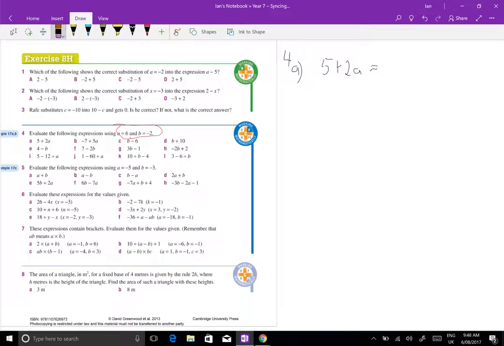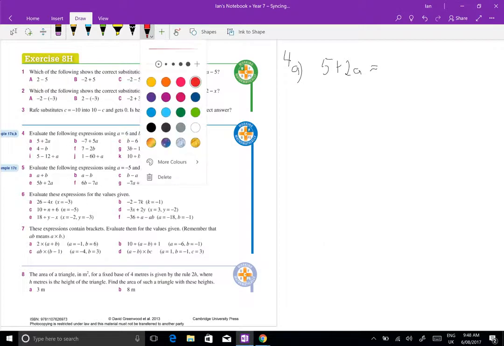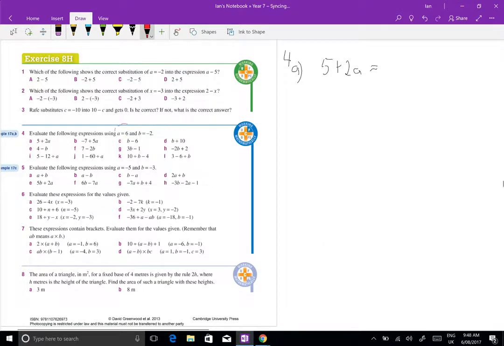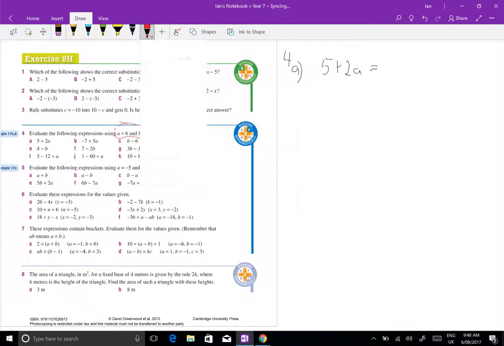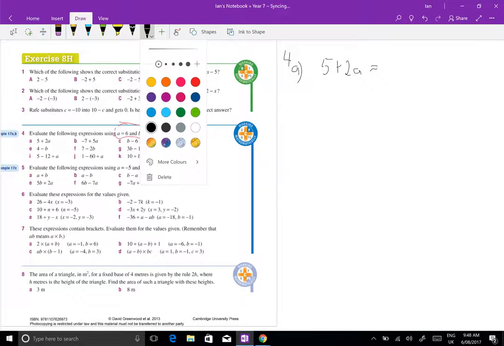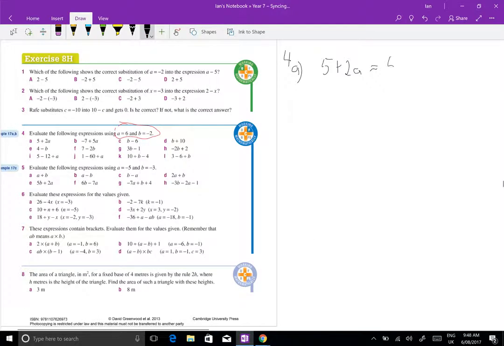Let's try that again. A equals 6, B equals -2. So here we go over here. 5 plus, and remember it's 2 times 6. It's 5 plus 12 equals 17.